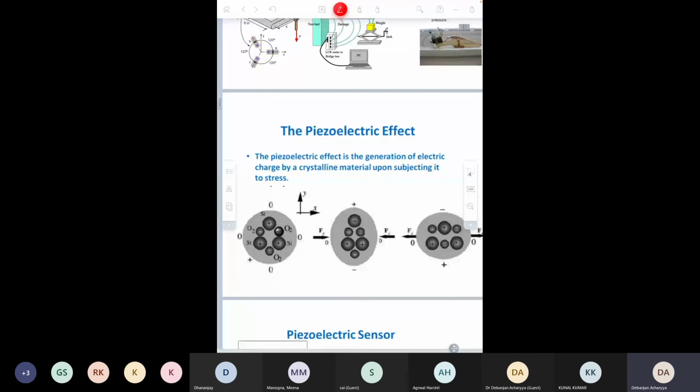Now coming to another important effect, that is the piezoelectric effect. The piezoelectric effect is the generation of electric charges by a crystalline material upon subjecting it to stress.